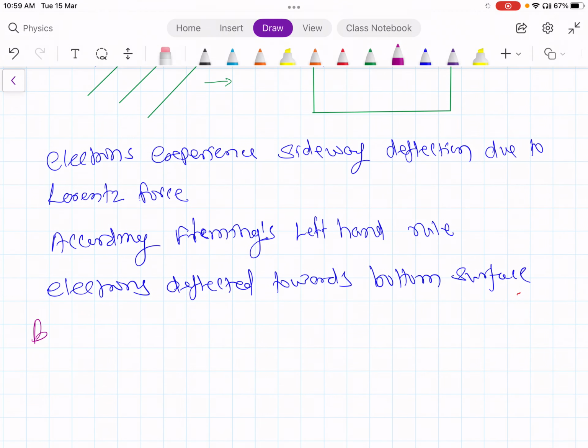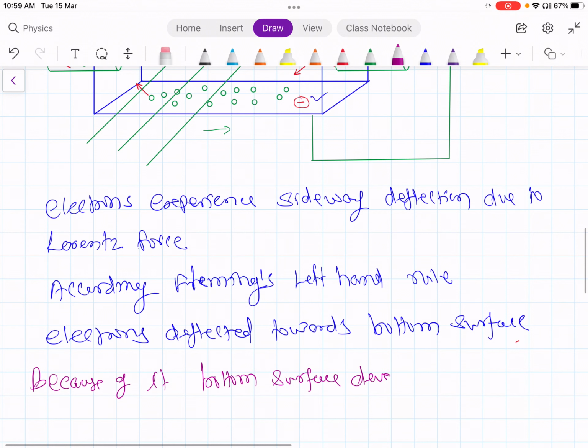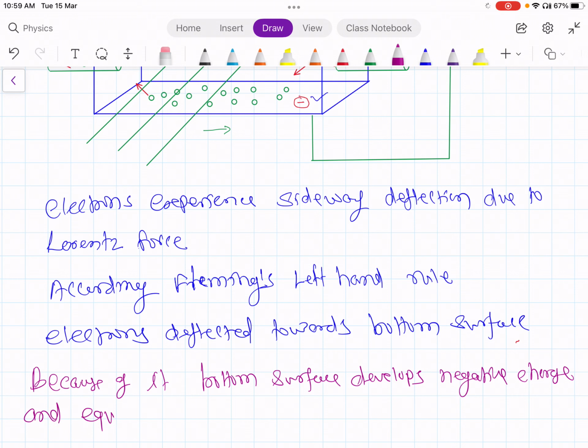Because of it, the bottom surface develops negative charge and equal amount of positive charge is developed on the top surface.